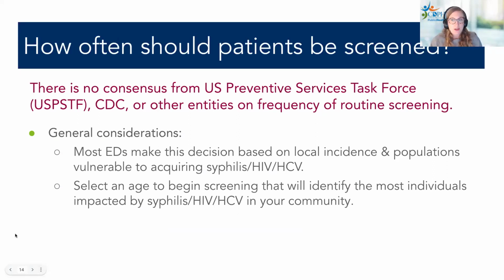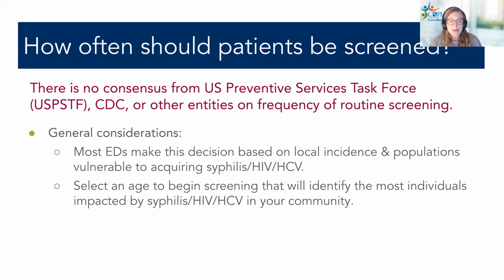How often should patients be screened is another really critical question that comes up for folks. The U.S. Preventive Services Task Force, or USPSTF, makes recommendations on frequency of routine testing, which can help guide emergency departments, but there is no consensus from USPSTF, CDC, or other entities on the frequency of routine screening.